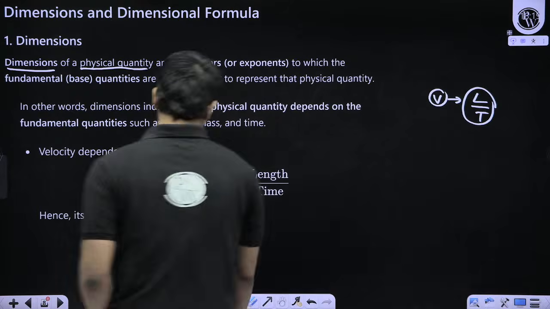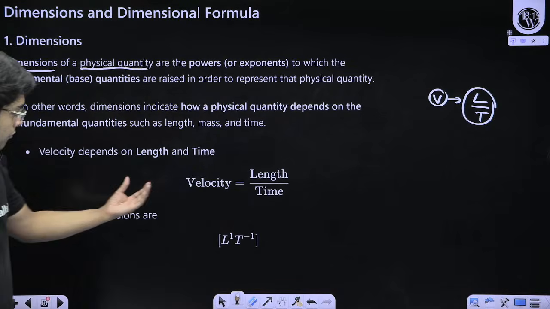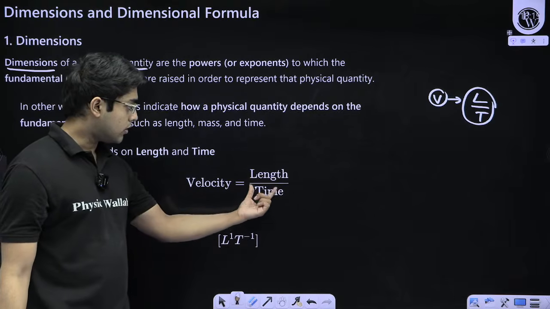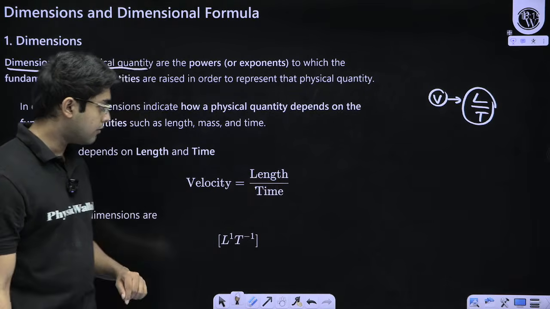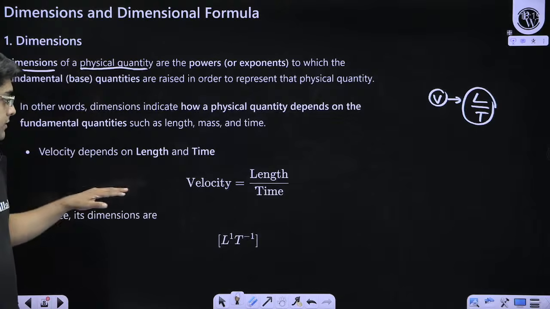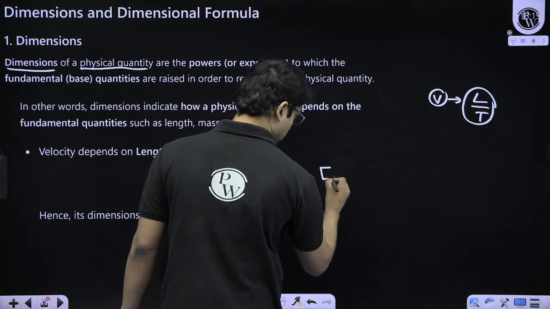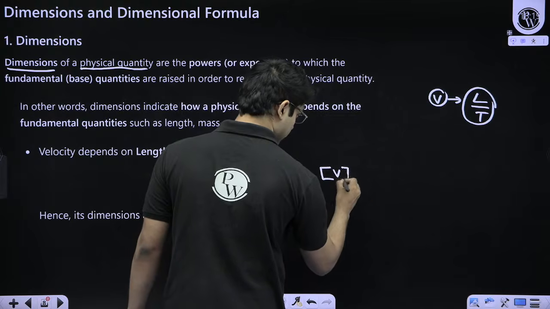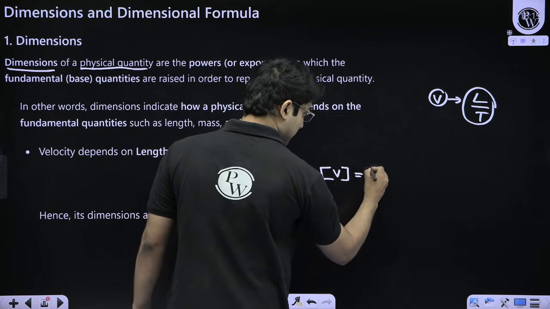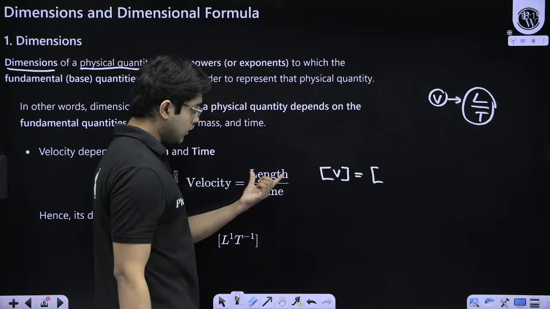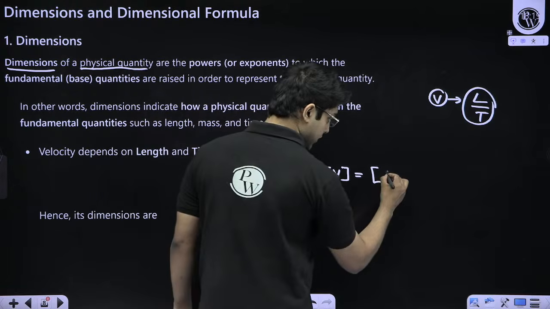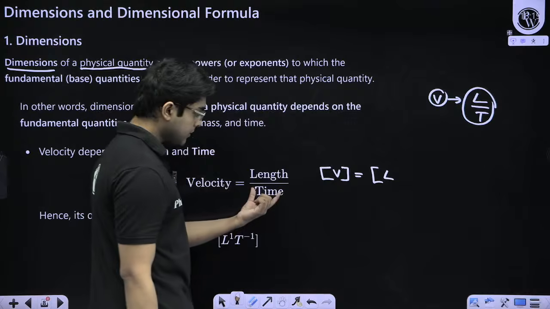So velocity, we know it can be written as length divided by time. So its dimensions we will represent like this: a square bracket, inside we will put velocity. It is going to be length to the power 1 because length is in the numerator and time is in the denominator, right?